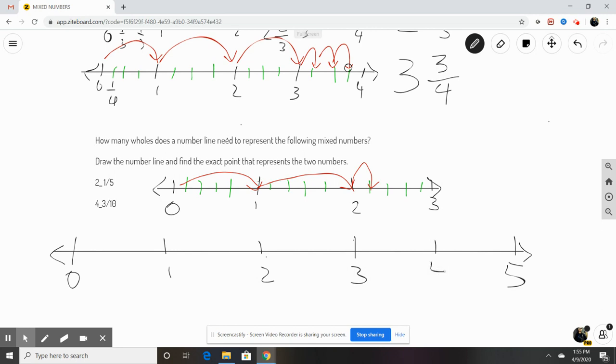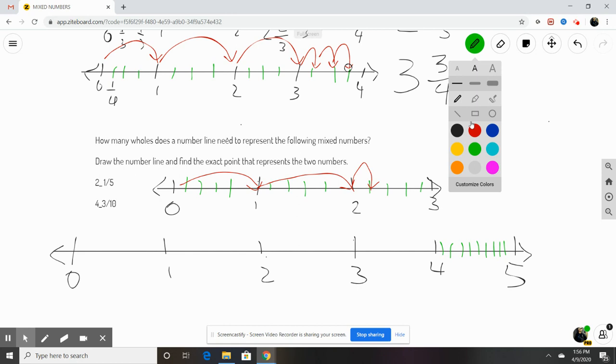It's going to be quite exact. Each one of your wholes is going to be split in 10 equal parts. I'm just going to split only the part that goes from 4 to 5 in 10 equal parts. So 1, 2, 3, 4, 5, 6, 7, 8, 9. But remember, each one of your wholes is split in 10 equal parts.